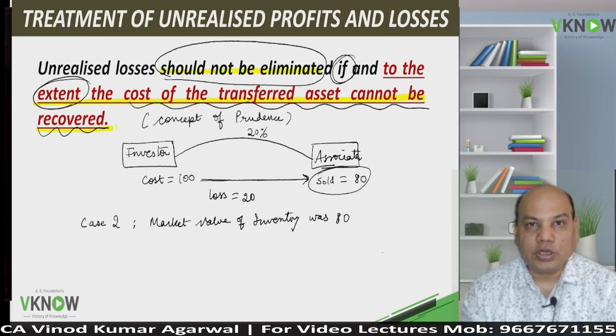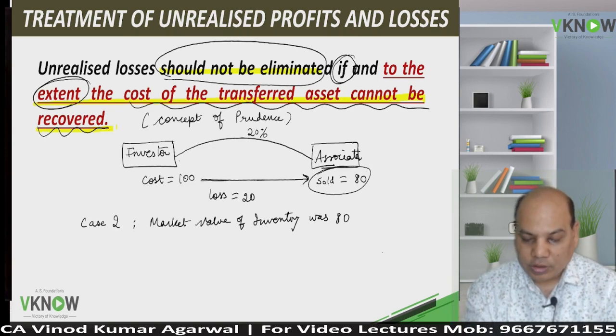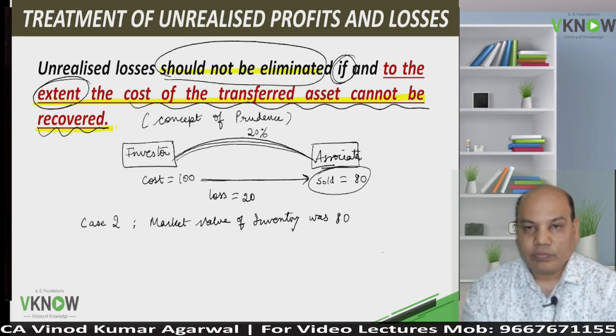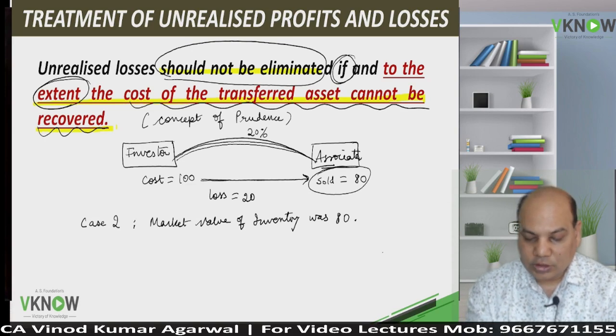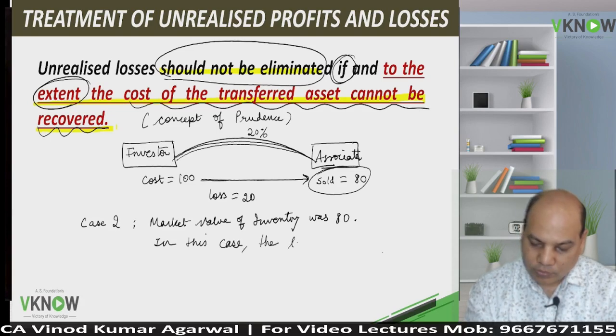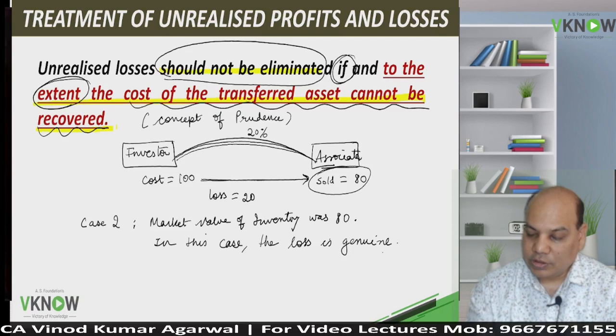Market value has gone down. The market value itself has gone down, and that is why the investor had to sell it to the associate for 80 rupees. So in this case, the loss is genuine.